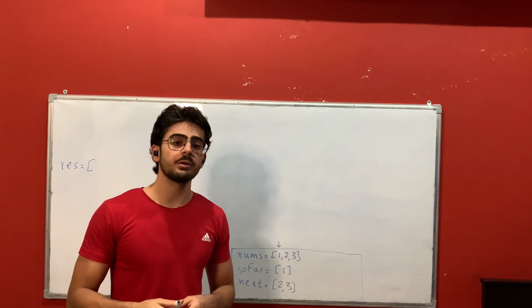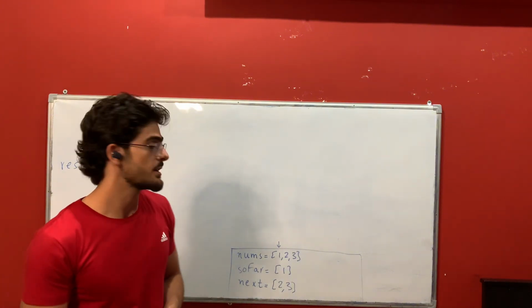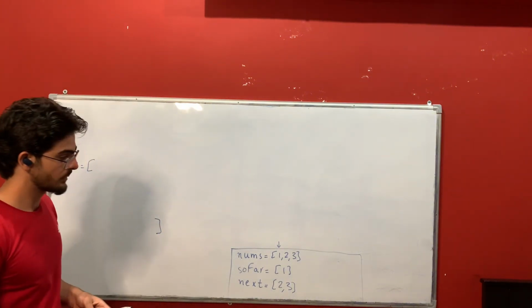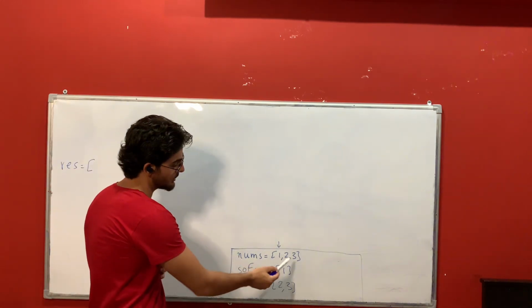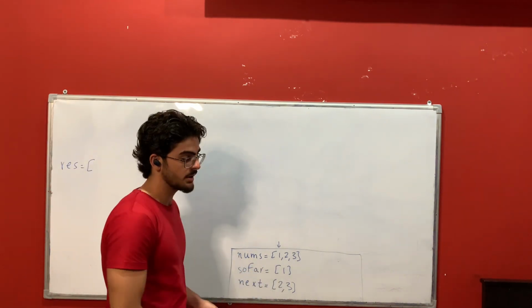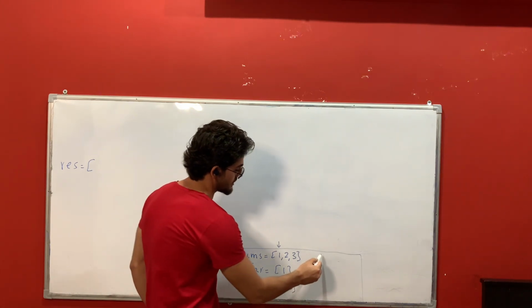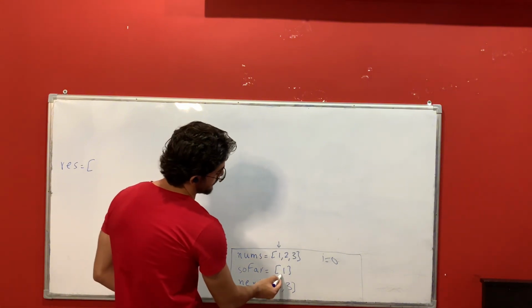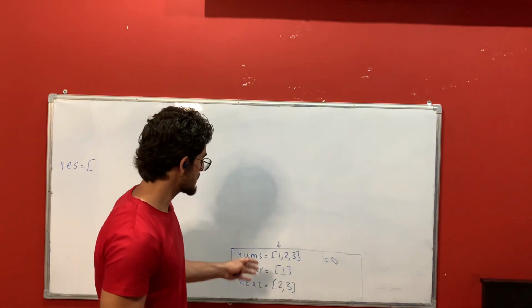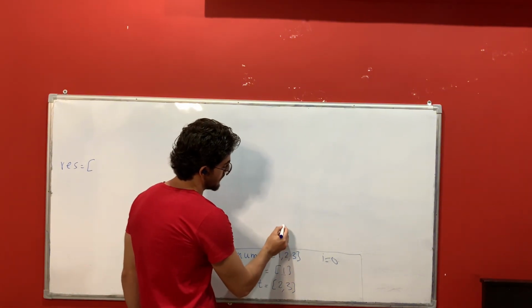Now after viewing the code, let's simulate the test case 1 to 3 on the code. First, at the first iteration, we have nums equal 1 to 3. So far becomes 1 because we are iterating i equals 0. And the next are all the numbers except 1. I call a recursive call to the next number.